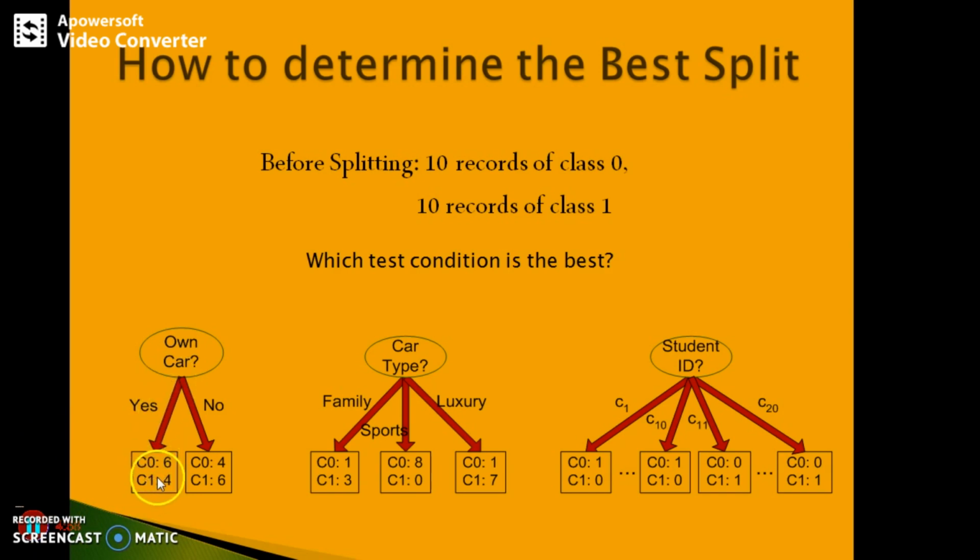Now here, what is it saying? It is giving us the count of records. If the person owns a car, that is, if the value is yes, it is saying there are 6 records in the data set with own car equal to yes belonging to class C0, and the other remaining 4 records where the person owns a car belong to class C1.